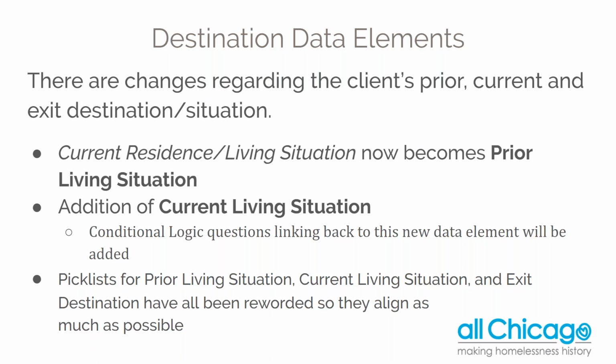So if your client was in a prior living situation in an emergency shelter, then their current living situation is a PSH project with you, and then their exit destination is a rental unit where they're now able to self-sustain themselves, so there's no ongoing housing subsidy. All the pick lists have been generated so that it's consistent between each of these 3 points in your client's life cycle in HMIS.